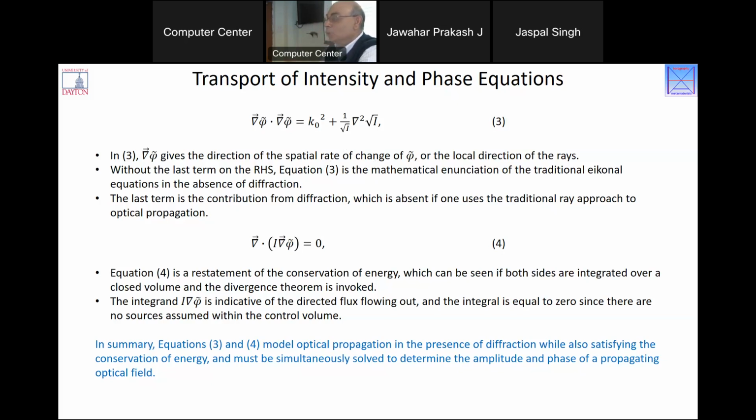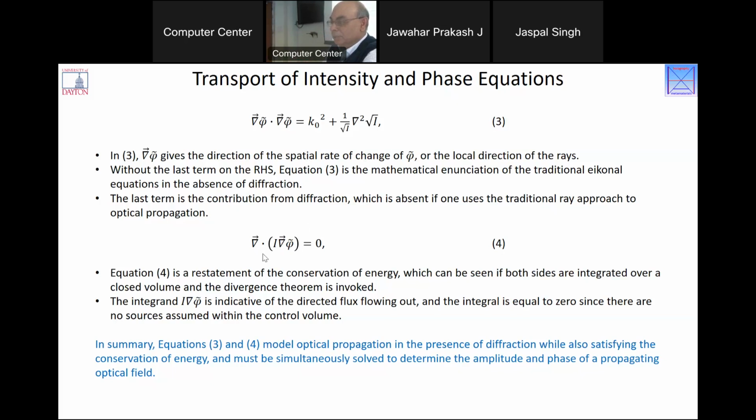This is the transport of ray equation, if you wish to call it. Later on, I have called it, and other people have called it too, the transport of phase equation, because this shows how the phase is getting transported. Are you okay with this? So that's the essence of this first equation. Remember, the first equation has to do with how the phase changes, and it's also connected with diffraction.